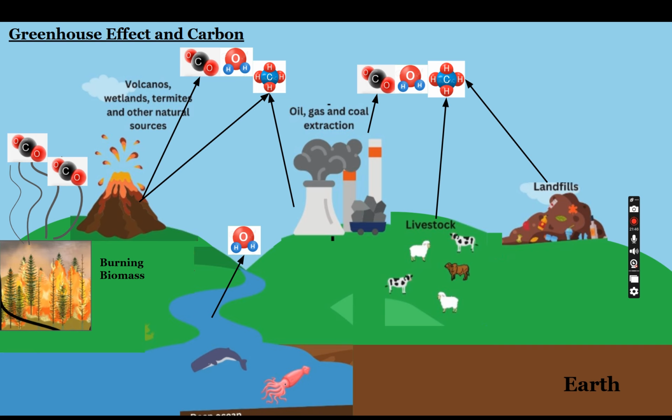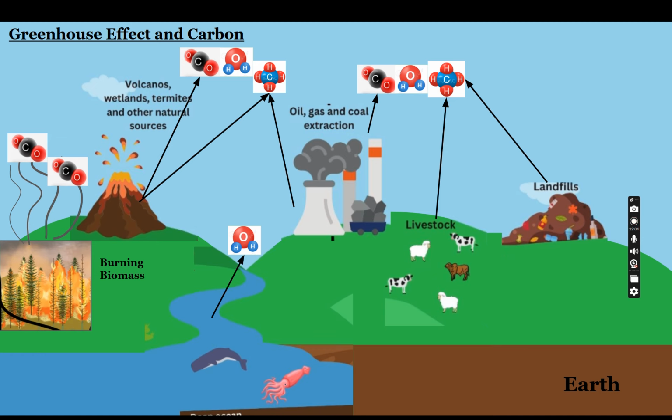When our temperature rises on our planet because of the greenhouse gases, this is called global warming. Global warming has given rise to higher and higher temperatures every year.